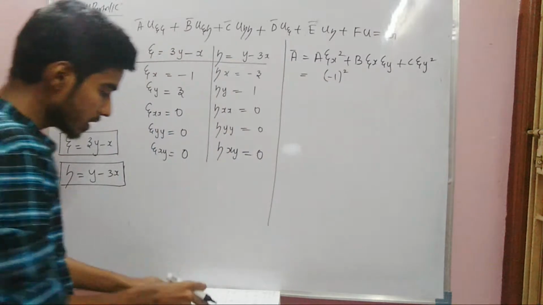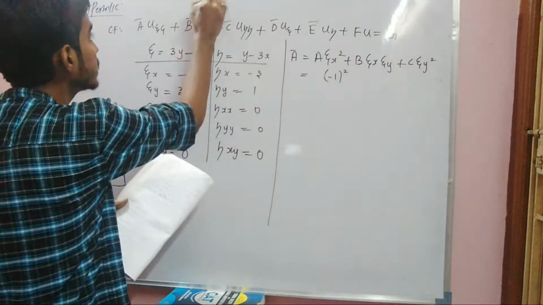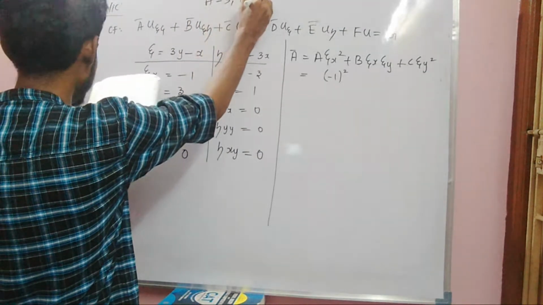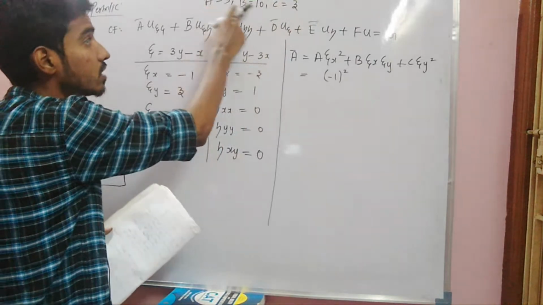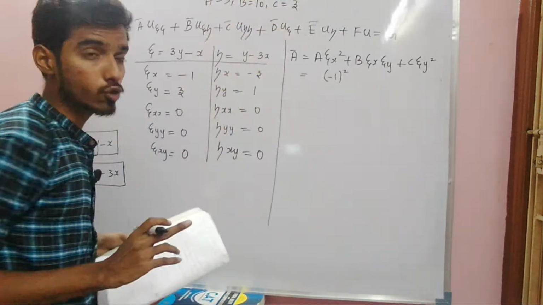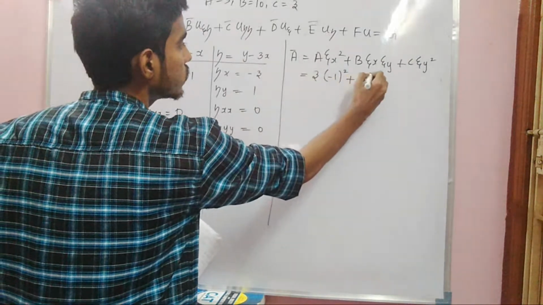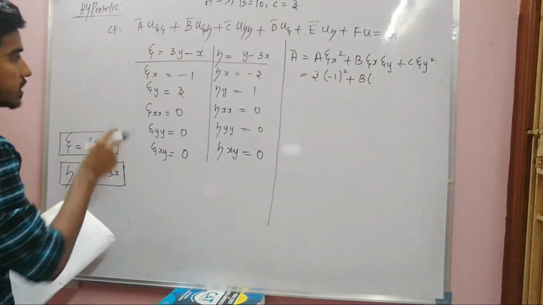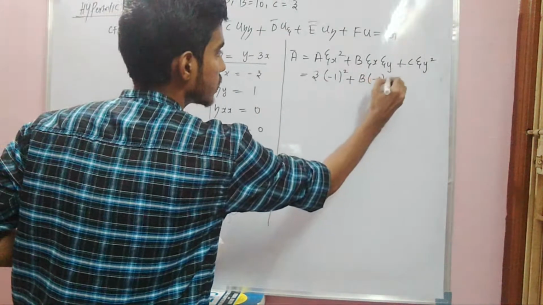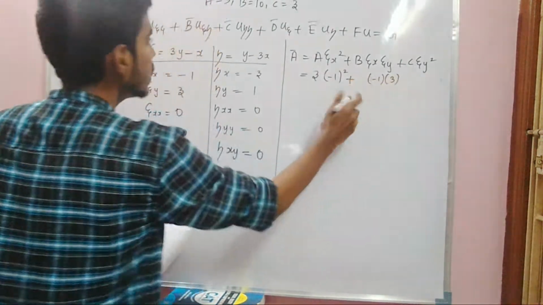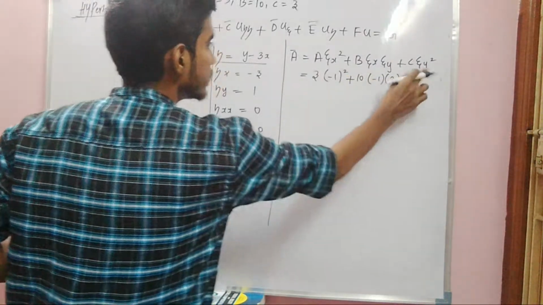And what is our a? From the question we have a is equal to 3, b is equal to 10, c is equal to 3, right? The coefficient of uxx, coefficient of uxy, coefficient of uyy. So we substitute a here, we have 3 plus b into theta x theta y. So theta x is minus 1, theta y is 3, so minus 1 into 3, and the value of b is 10, plus c into theta y whole square.